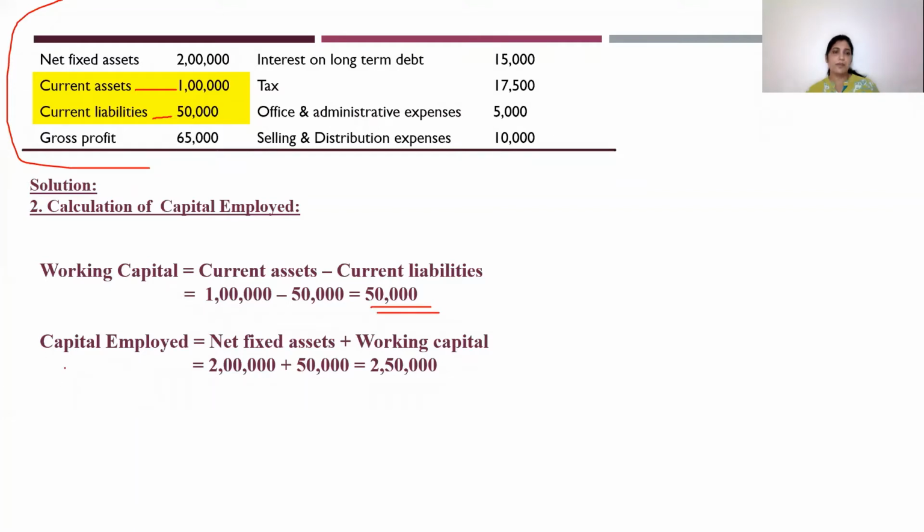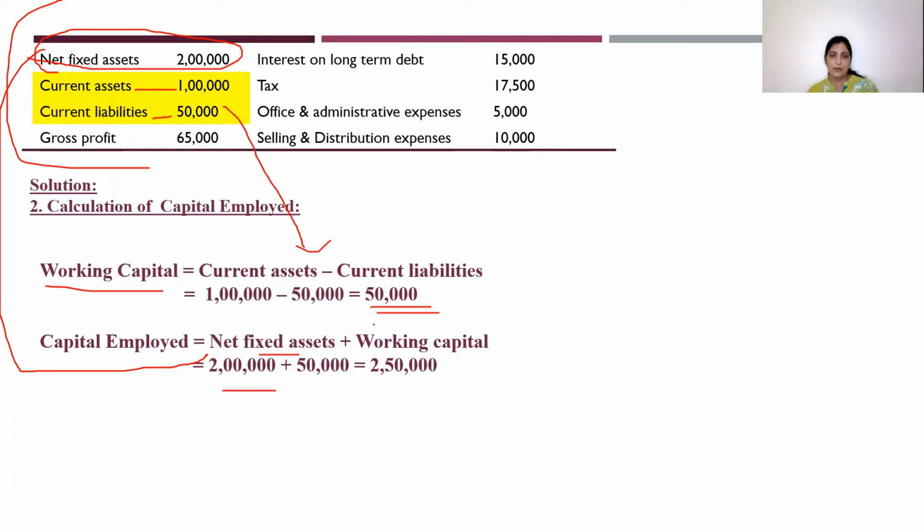Next, capital employed is equal to net fixed assets plus working capital. So what are these net fixed assets? I've taken this as 2 lakhs. This is already given in the problem, right? You can see here, net fixed assets 2 lakh. Plus working capital, which you have calculated here: current assets minus current liabilities, that is 50,000.